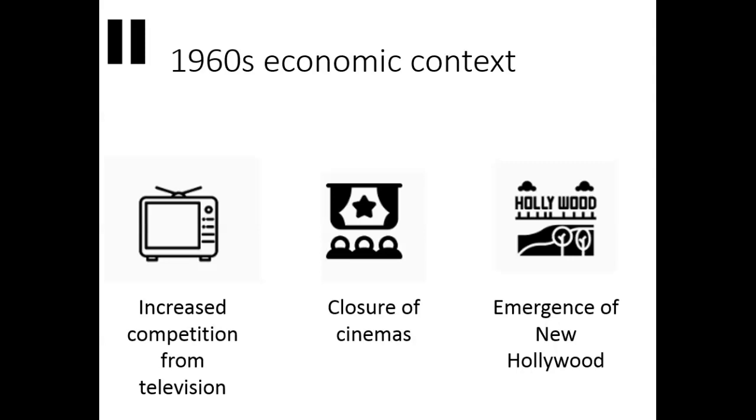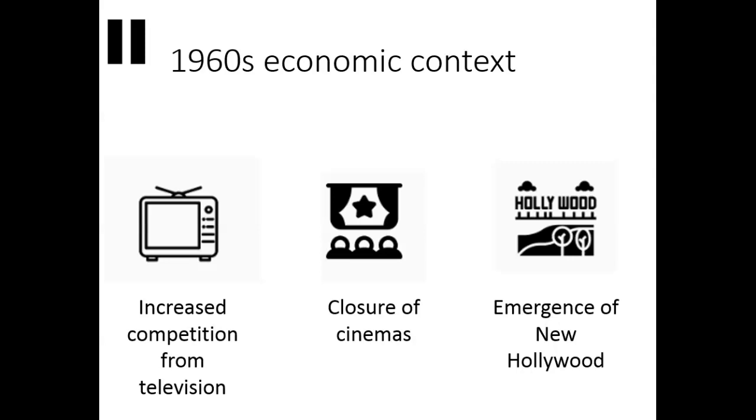Televisions are now accessible to many people and they have them in their homes. So this is going to lead to a downturn in the number of cinema goers. The decline in cinema audiences then leads to the closure of many cinemas during this time, making it quite a difficult industry to find success within.